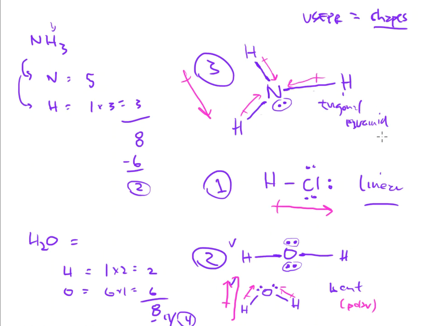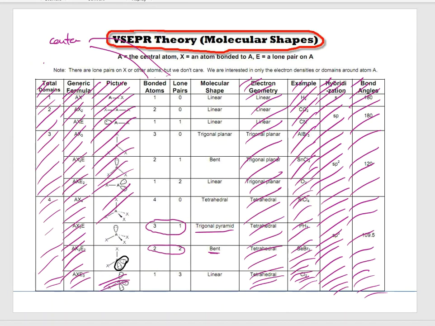So almost all trigonal pyramids are going to be polar as well, as far as the molecule goes. Again, you'll see that this electron pair is on the center. There's no electron pairs on the outskirts to cancel it out. This is an unequal sharing of electrons, so therefore this thing is polar every single time we get this shape. So just kind of a tidbit of information.